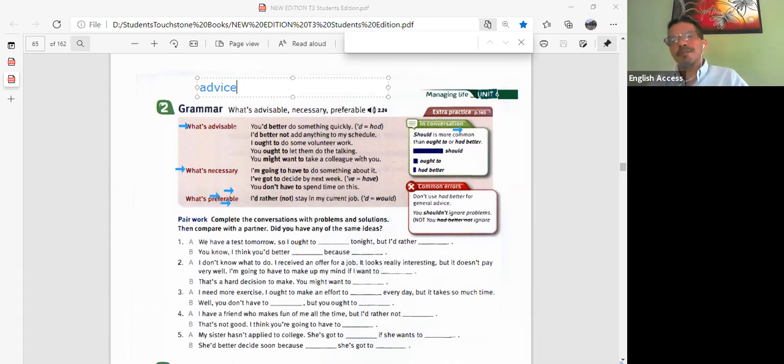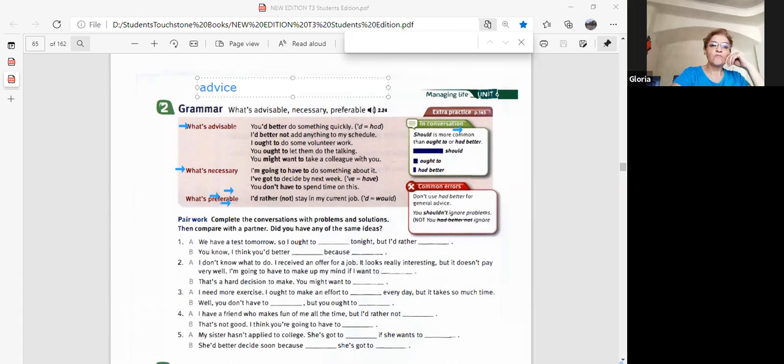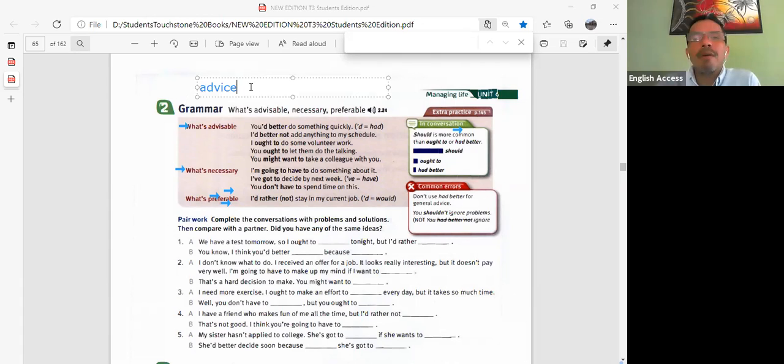Do you know what that is? We talked about advice yesterday, when you have a problem and you need advice from someone. Advice es un consejo, ¿verdad? Advisable es aconsejable. What's advisable? Lo que es aconsejable.